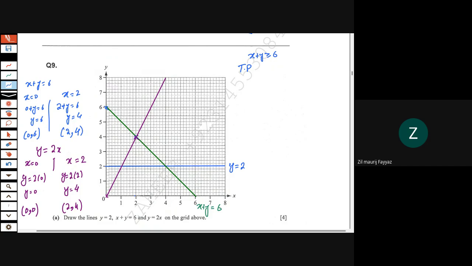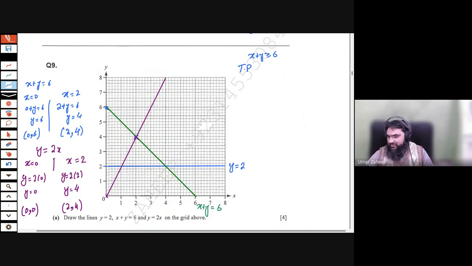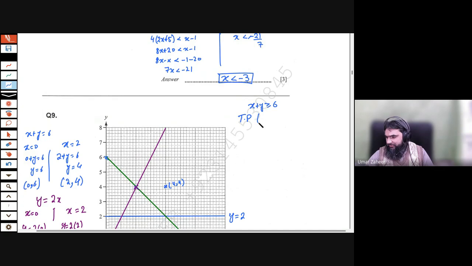Sir, 4 comma 4. All right, let's choose the test point 4 comma 4. Substitute it, 4 plus 4 is greater than or equal to 6. 8 is greater than or equal to 6. It is true or false? True.